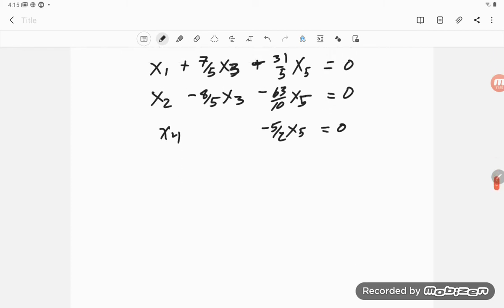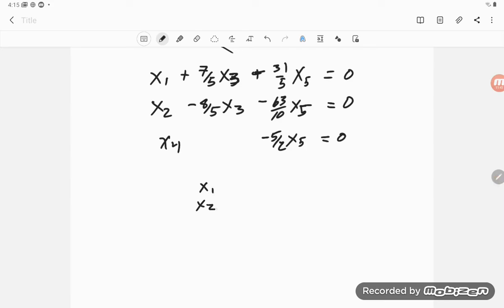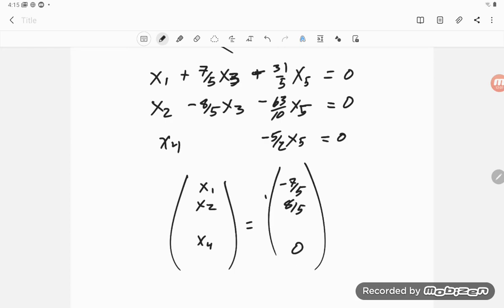And so then if we were to write x1, x2, now I'm going to skip a space and go x4 as a big vector, that's equal to, and you see I would have negative 7/5 and a positive 8/5 and a 0 down here to go with the x4, all times x3, and then plus an x5 times negative 31 over 5, positive 63 over 10, and then skip a space and go down here to the x4 and it'd be 5 halves here.